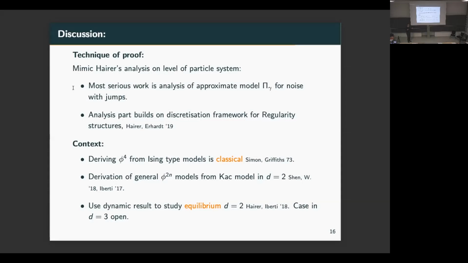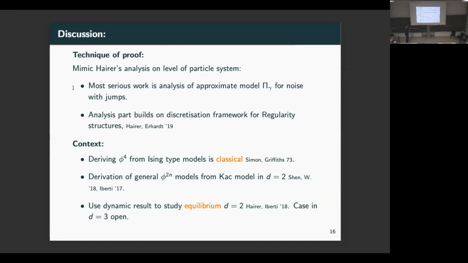You just start this dynamics in their invariant measure. And then it doesn't follow from our result immediately that these invariant measures also converge. In a sense, there's some compactness which is missing. In the 2-dimensional case, this gap was filled in this paper by Martin and Massimo. And in 3 dimensions, well, we still have to do it. It's not yet done.